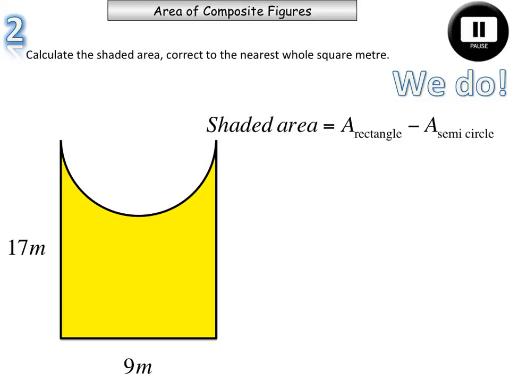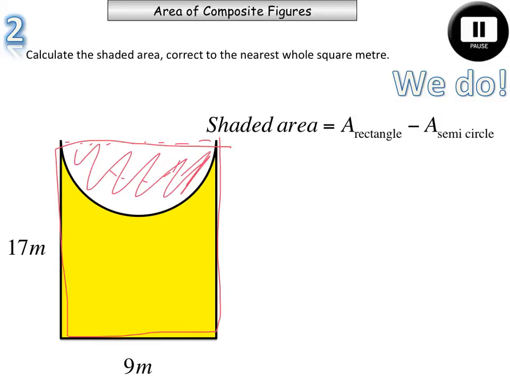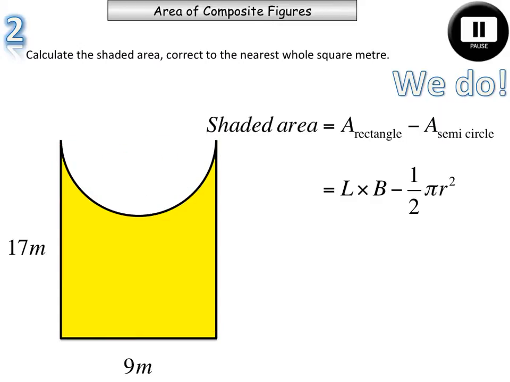So in fact we've got a rectangle going around here, and all of that rectangle has that white part as well. So if we remove that semicircle, we'll in fact have what's inside in yellow. So the area of a rectangle is length times breadth, and the area of a semicircle is a half of pi r squared.